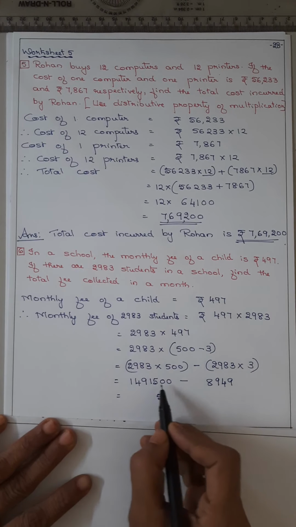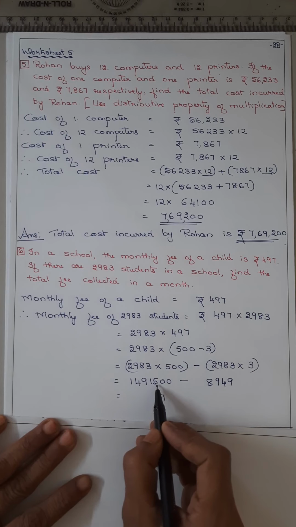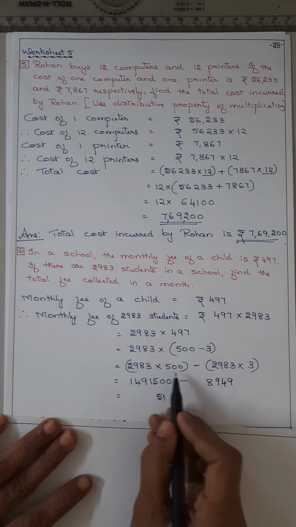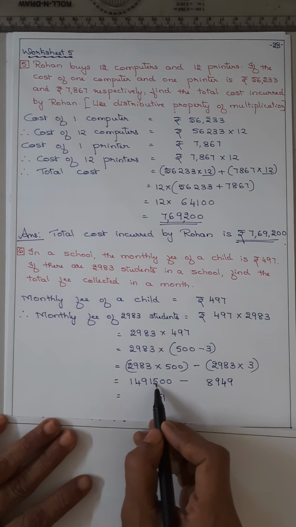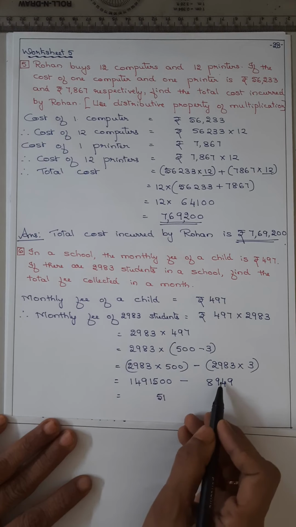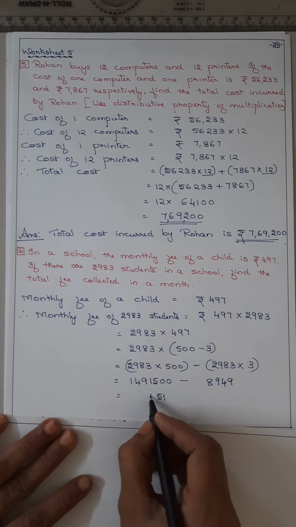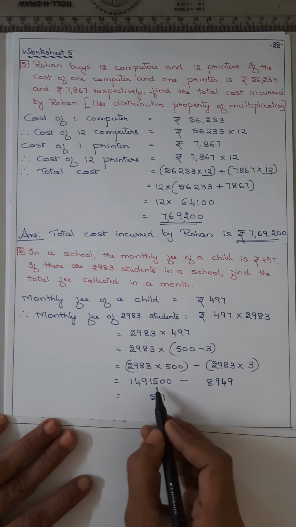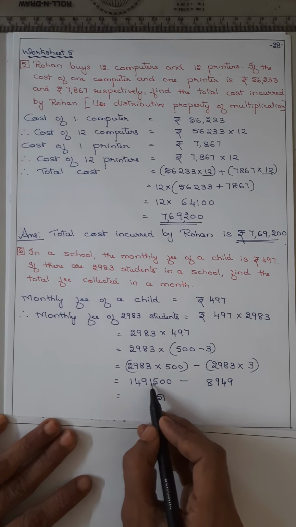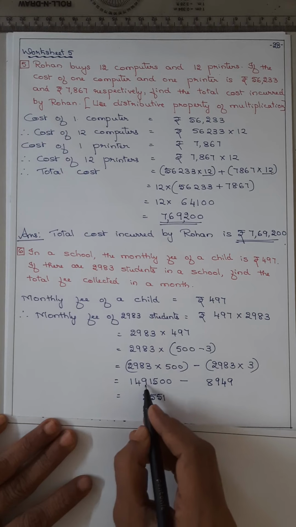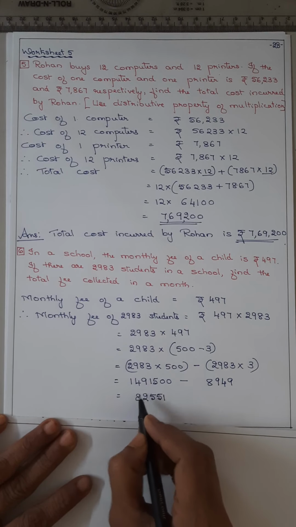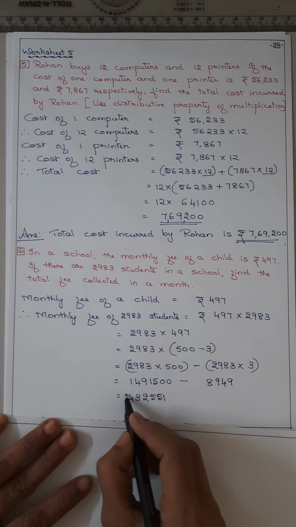Now here it is 5, but here we have borrowed it, so it will be 4. 4 minus 9 means 14 minus 9 is 5. Now coming to the thousand side, it will be 0. That means 10 minus 8 is 2. Now here it will be 8 remaining, then 4 as it is, then 1.